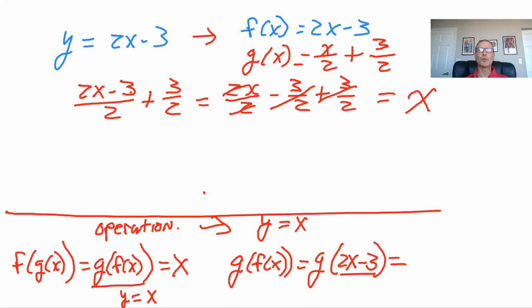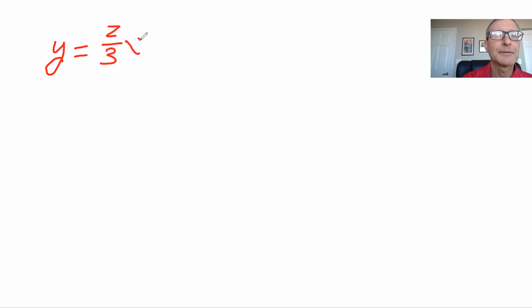Let's just do one more. Let's say y equals 2/3 x plus 5, and you want to find the inverse. When you calculate the inverse, we replace the y with x, and the x with y.